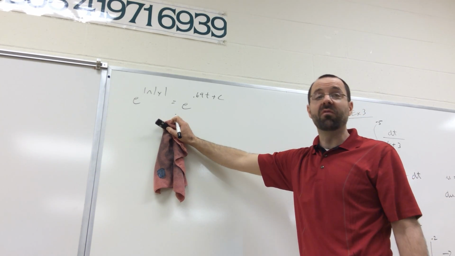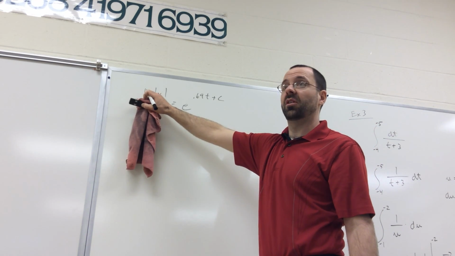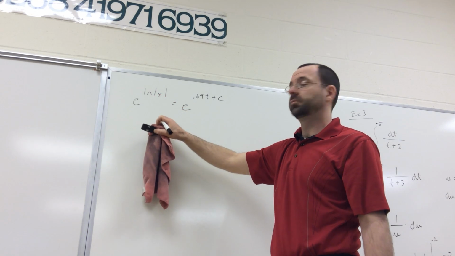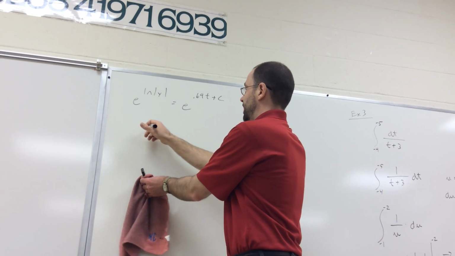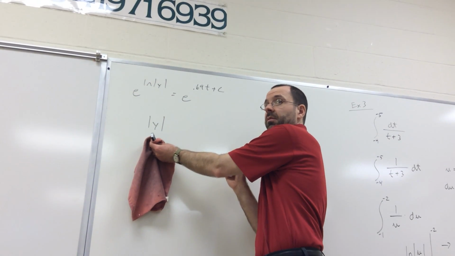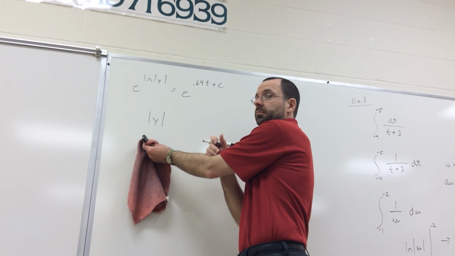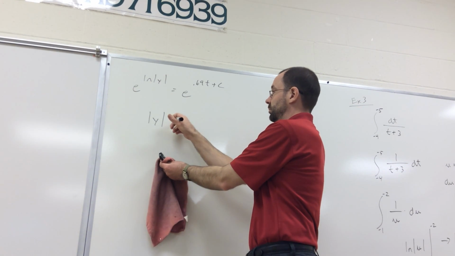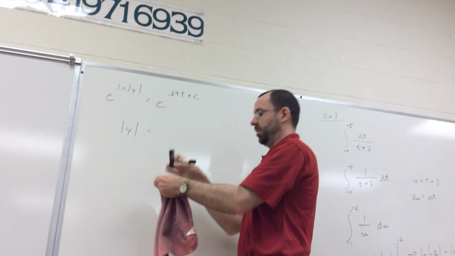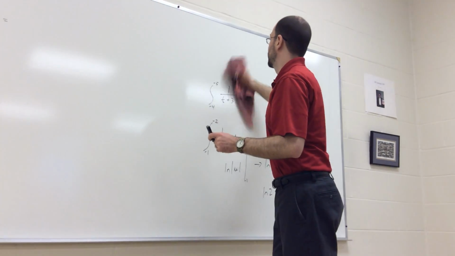The reason it's helpful is because then the e to the natural log crosses out, and I just get the absolute value of y. So this side is just the absolute value of y, because that crosses out. Now I'm going to rewrite this a little bit, but before we talk about that, I need to review some exponent rules.